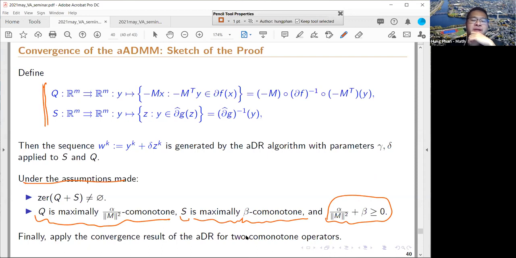So we can apply the adaptive DR to the two co-monotone operators and obtain our result. We have put quite a bit of work into guaranteeing these two conditions hold, and it is quite subtle. I think we are pretty satisfied with the current results that we obtained.